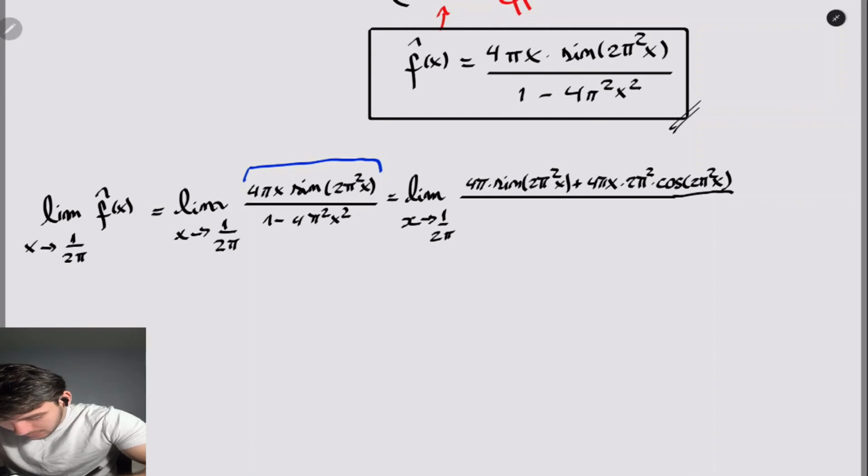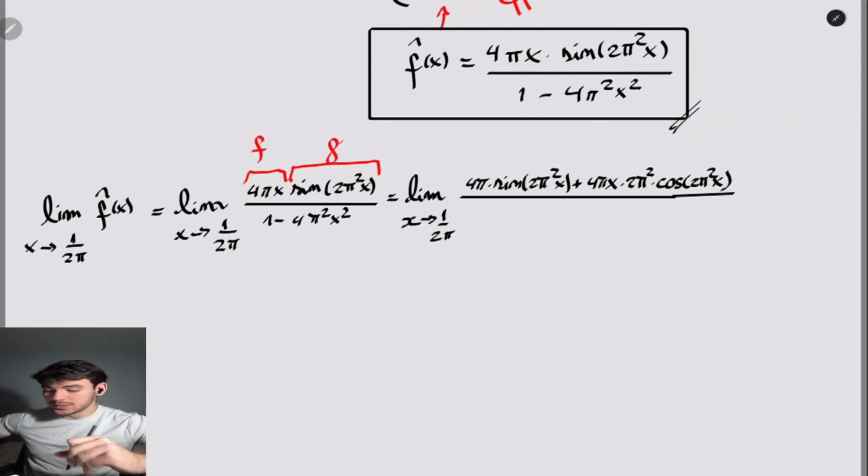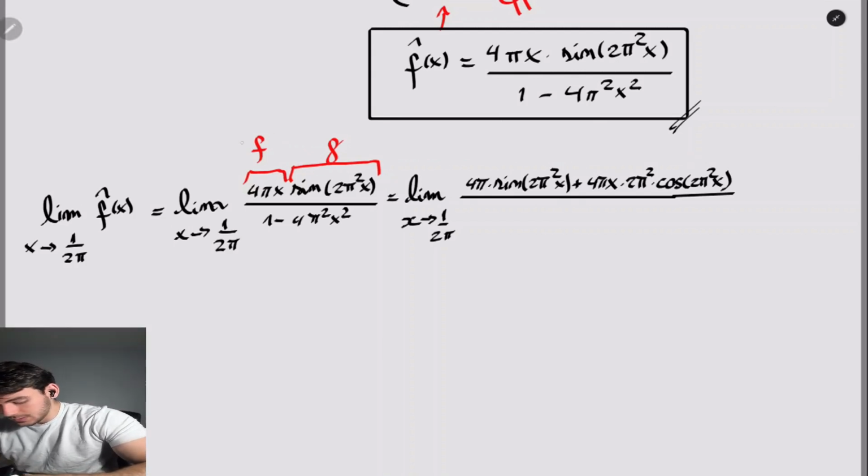So what I've done here is I've considered 4 pi x as an f and sine of 2 pi squared x as a g. So if you want to derivate f times g, you're gonna derivate f and multiply by g, and then you're gonna add the derivation of g times f. So I've basically done this.